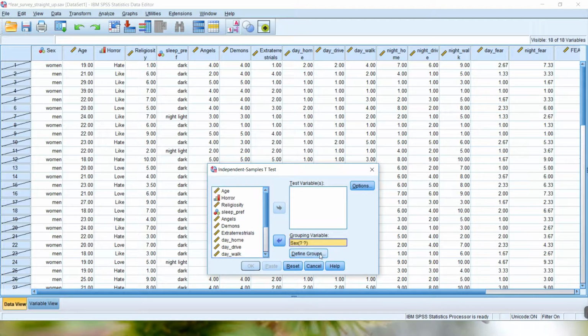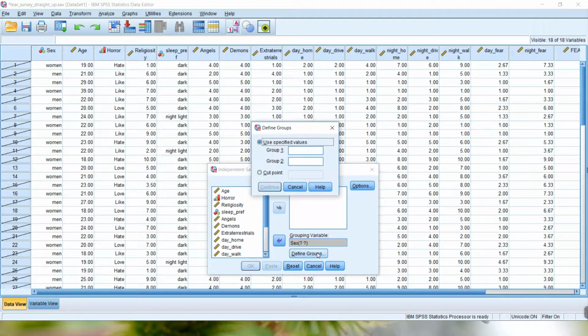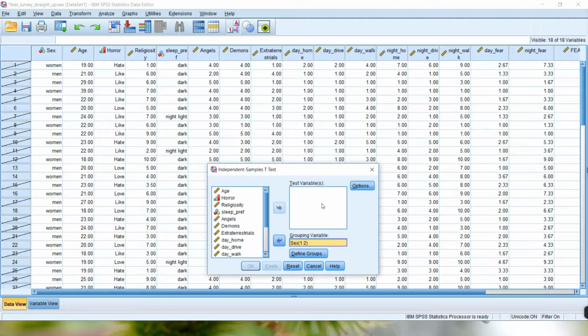The next thing is you have to tell SPSS how you labeled the levels. So we go to Define Groups, and we just name them 1 and 2, level 1 and 2. 1 was male, 2 was female. Hit Continue. The testing variable, well, we're looking at fear scores.